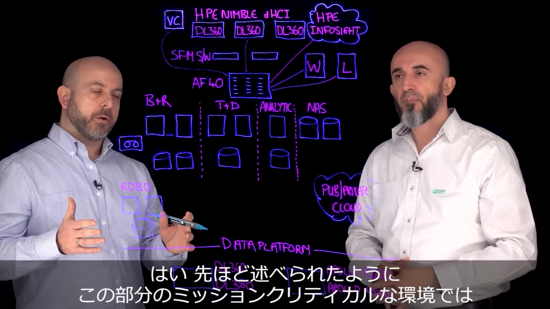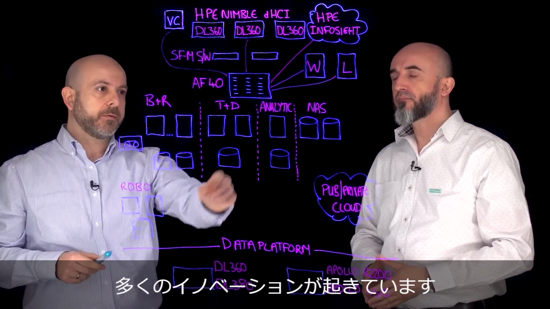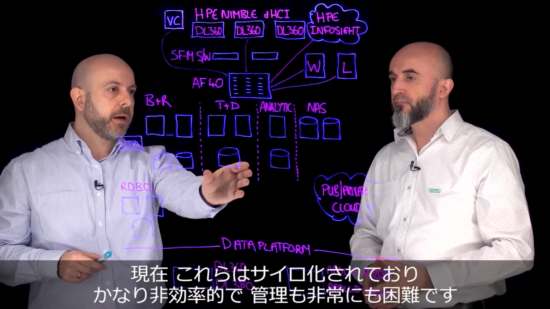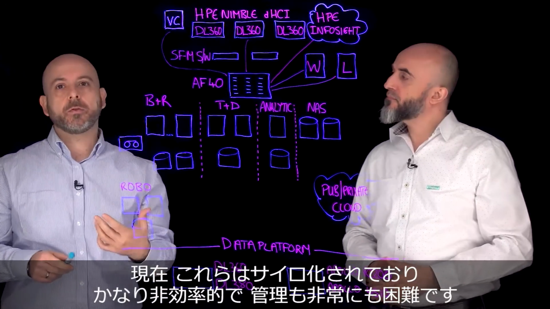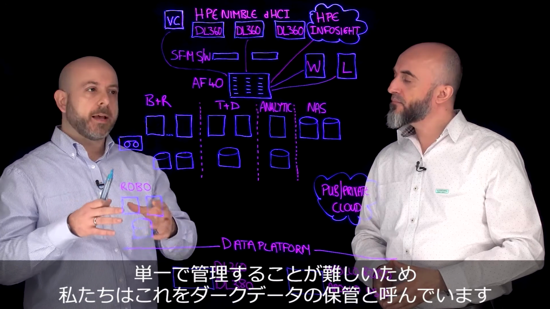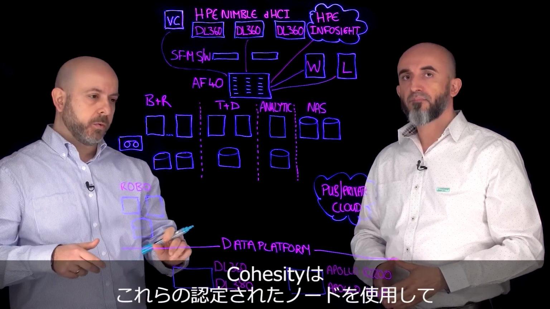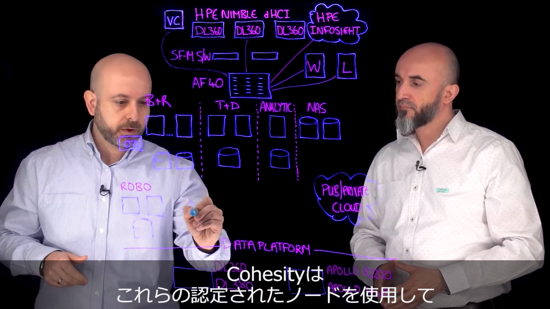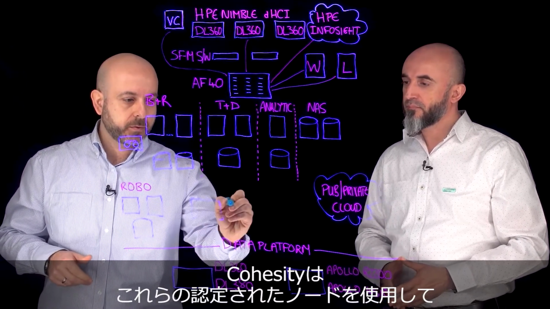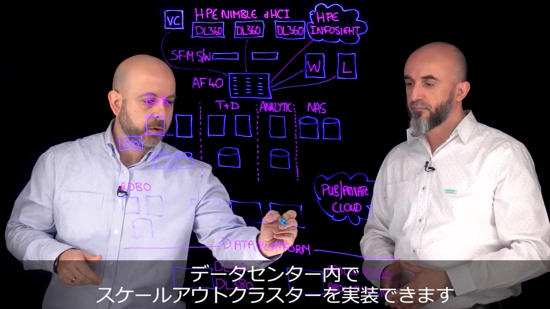Absolutely. So, like you said, a lot of innovation has been around this area and the mission critical environment. Today, these are very siloed, very inefficient, and also very difficult to manage. And we refer to them as storing dark data because there's no single pane of glass. So with Cohesity, using one of the certified nodes, we can implement a scale-out cluster within a data center.